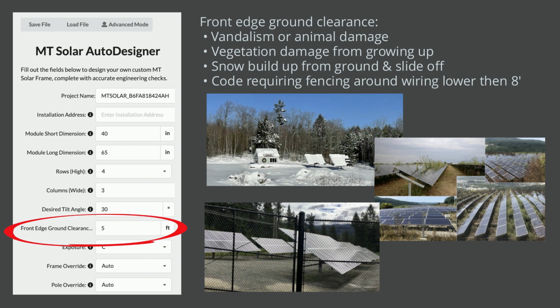It could also cause shading, snow buildup not just from the sky but also from sliding off of the array. And often there are code requirements for fencing around wiring lower than 8 feet, which can also cause shading and add extra cost to the project.